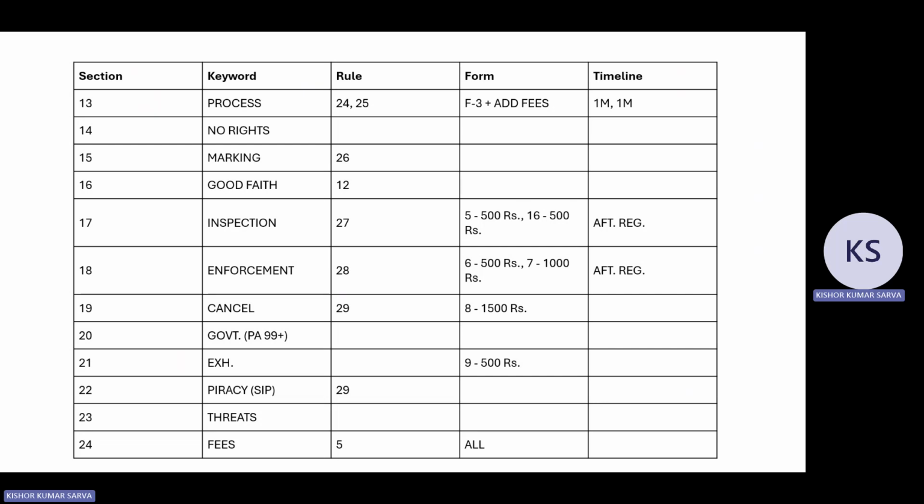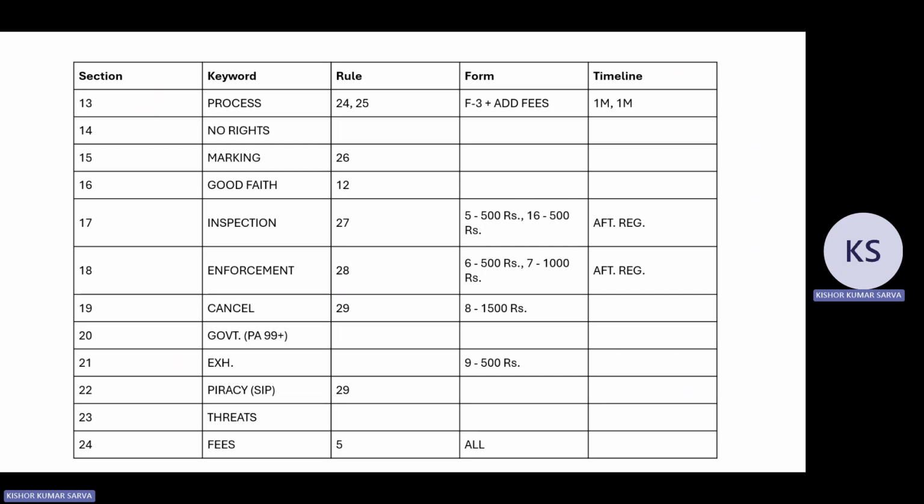Now let's see what section number 14 says. It says that during the lapse period, okay, we have seen there is a lapse and we know how to restore it. Now, what happens in that period is discussed in section 14, where the design proprietor or the applicant will not have any rights until restoration.